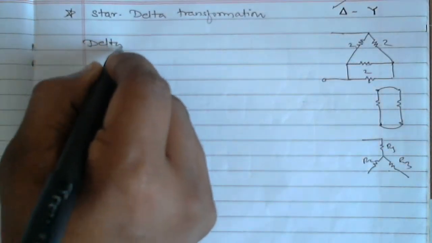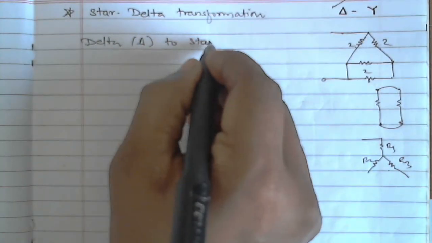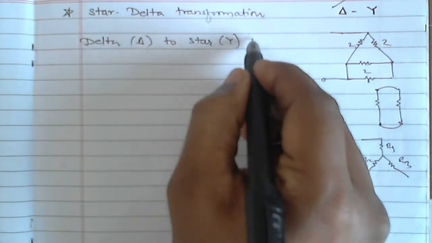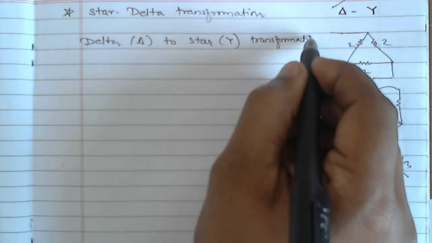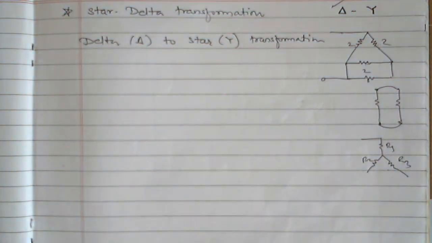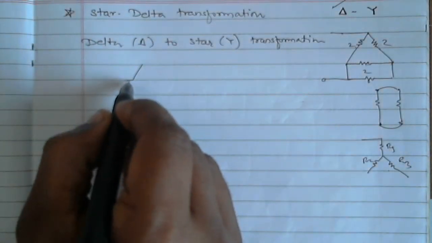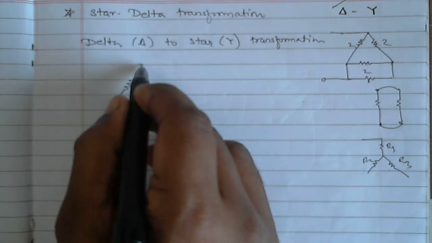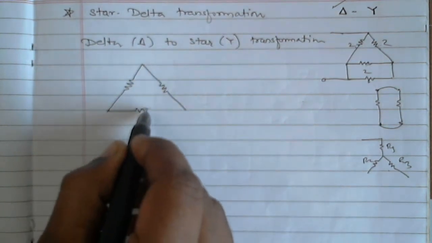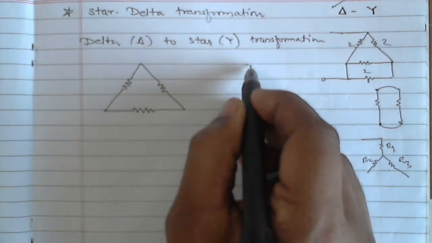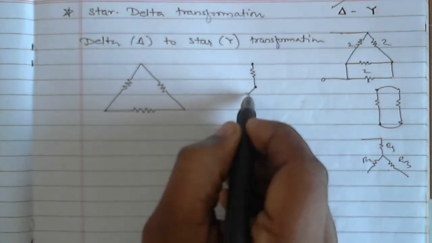First, we'll see delta to star transformation. Now what we will do, I will consider two circuits, one delta circuit and one star circuit.